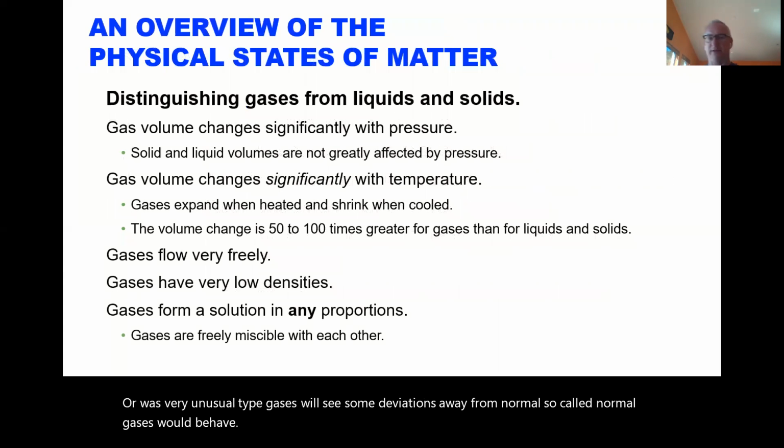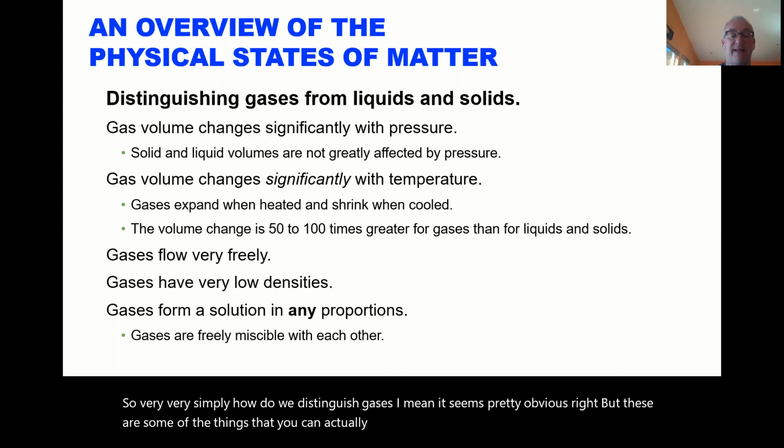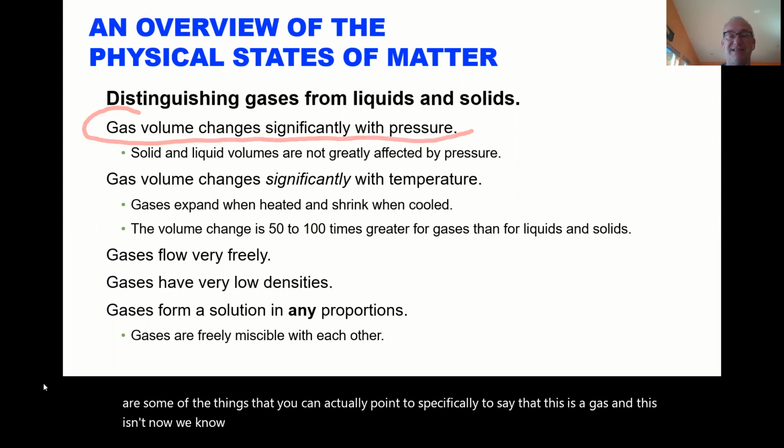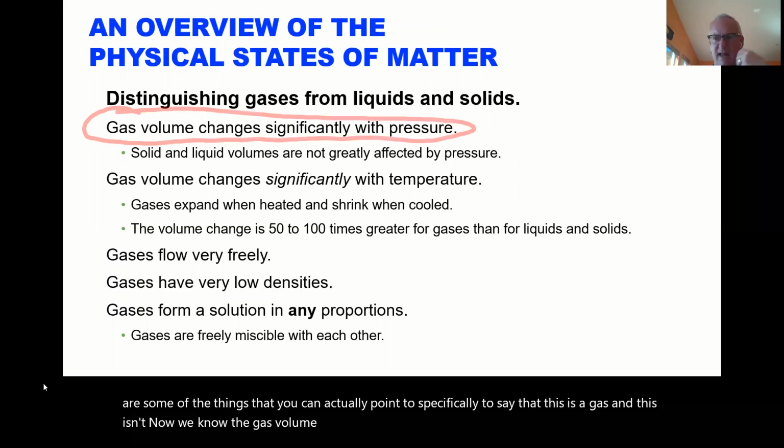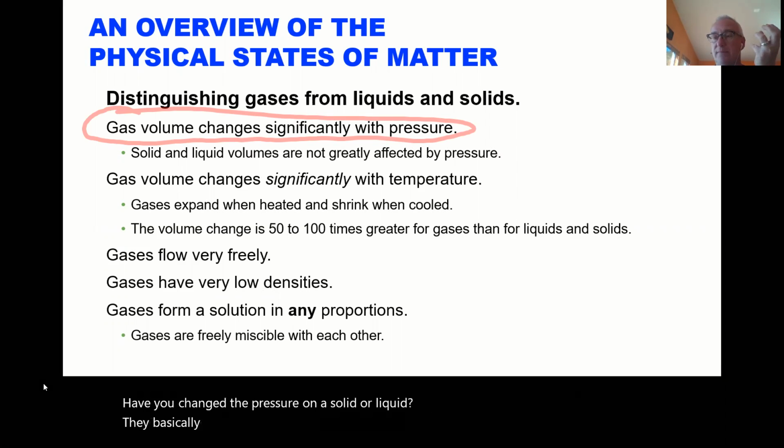So very simply, how do we distinguish gases? Well, it seems pretty obvious, right? But these are some of the things that you can actually point to specifically to say that this is a gas and this isn't. Now we know the gas volume changes significantly with pressure, like a lot. If you change the pressure on a solid or a liquid, they basically don't change at all. In fact, who's heard of hydraulics?